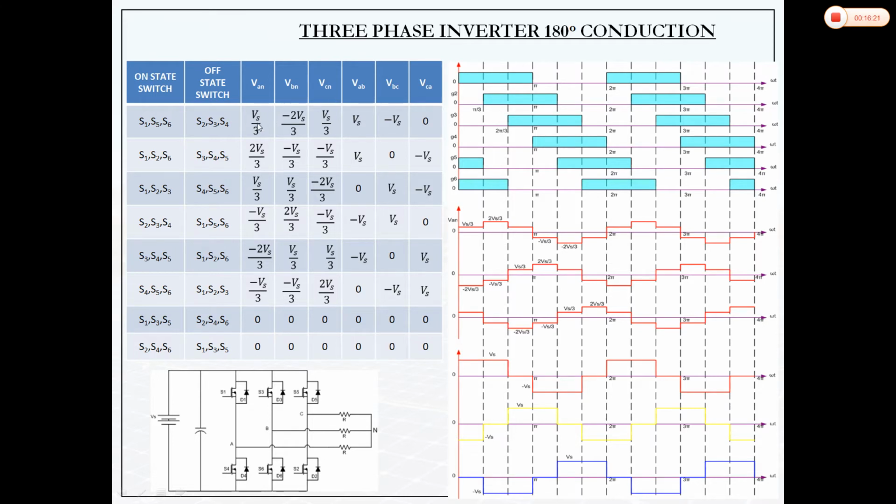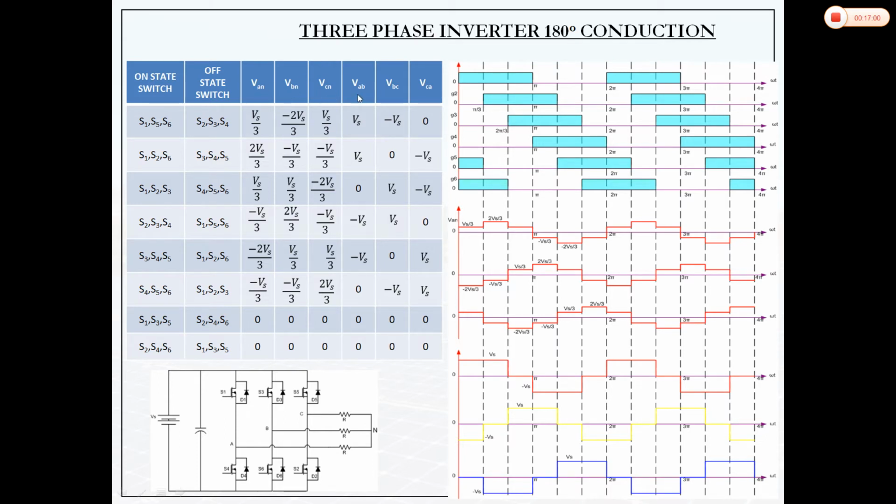If you subtract, Vs upon 3 minus minus 2Vs upon 3, you get 3Vs upon 3, so you are getting Vs. Similarly, VBC is VBN minus VCN: minus 2Vs upon 3 minus Vs upon 3 results in minus 3Vs upon 3, that means minus Vs. Similarly, VCA is VCN minus VAN.